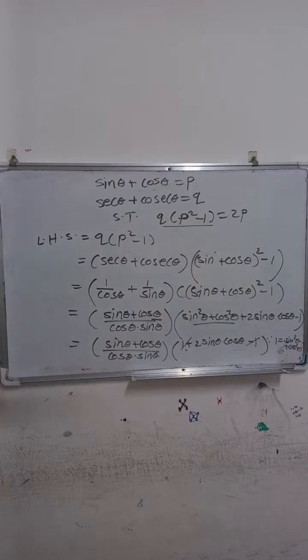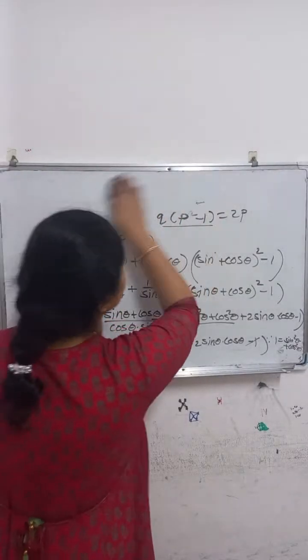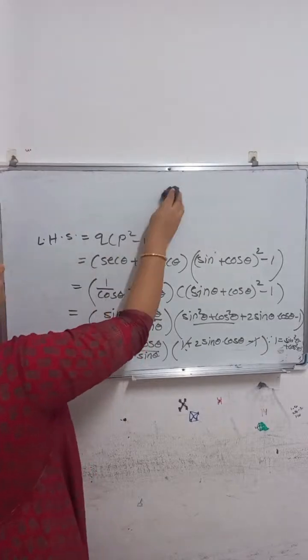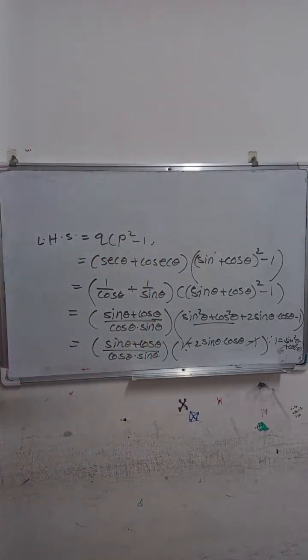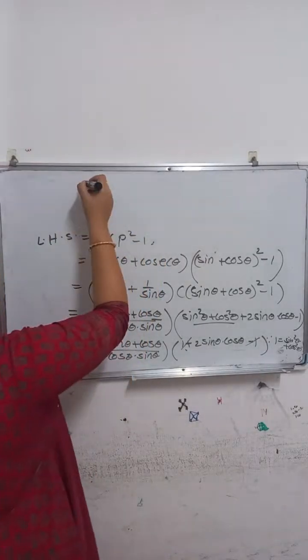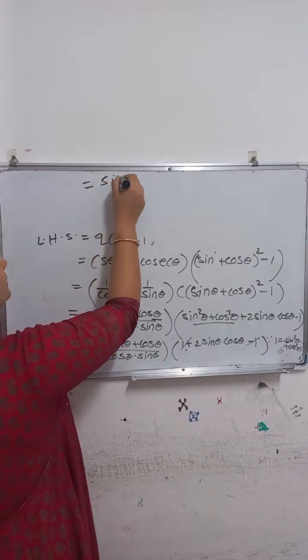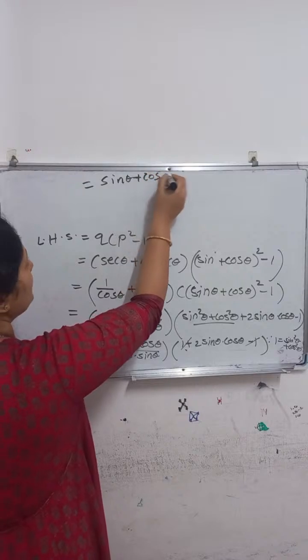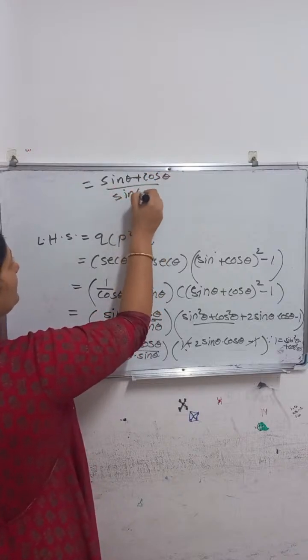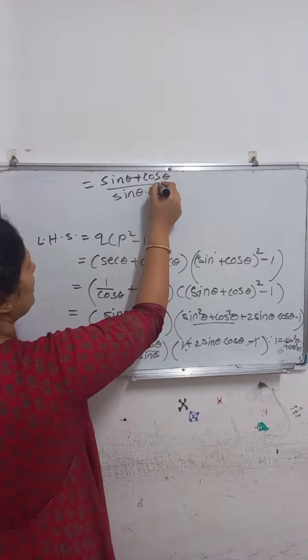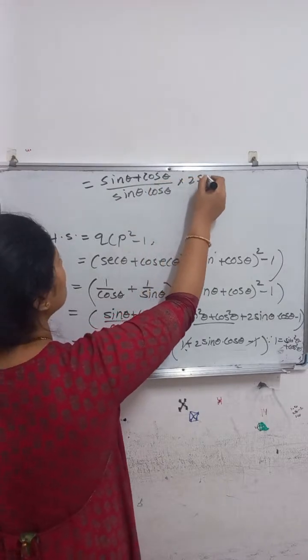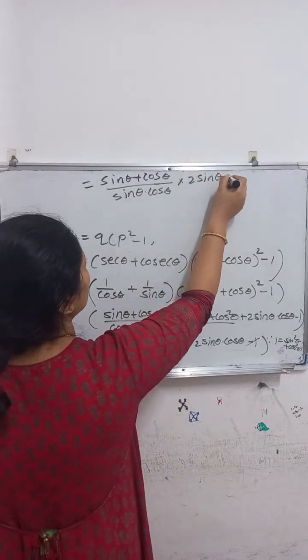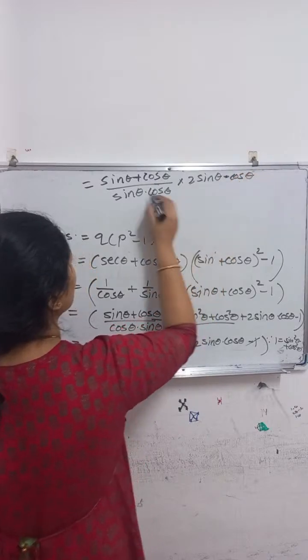Write down the remaining terms here. So it will come sin theta plus cos theta divided by sin theta into cos theta, into 2 sin theta into cos theta.